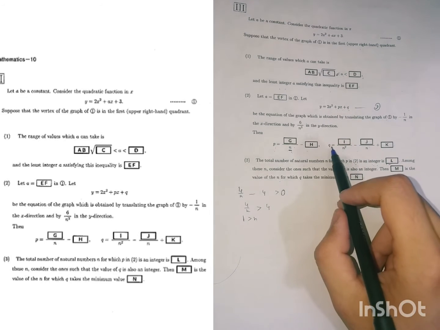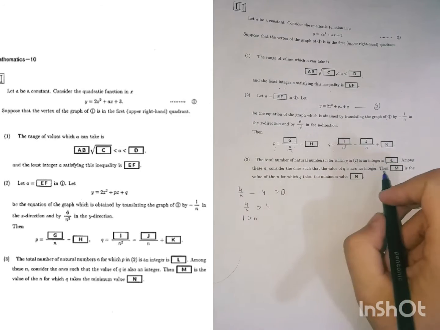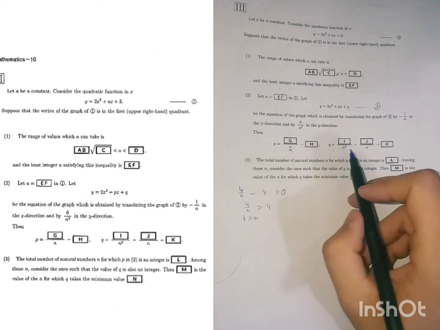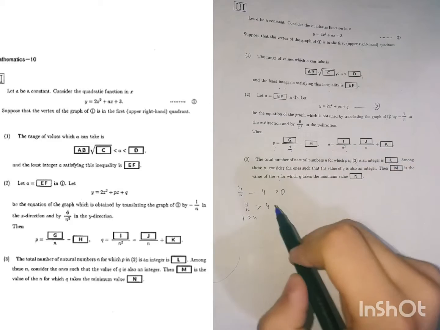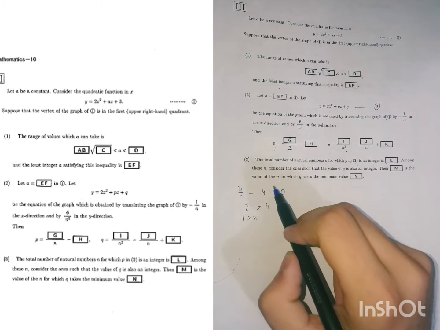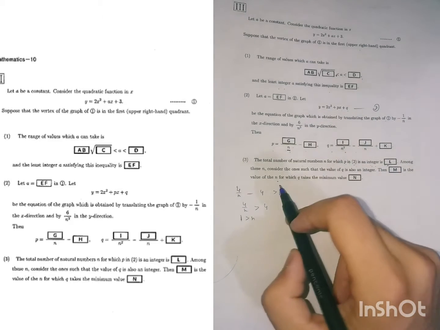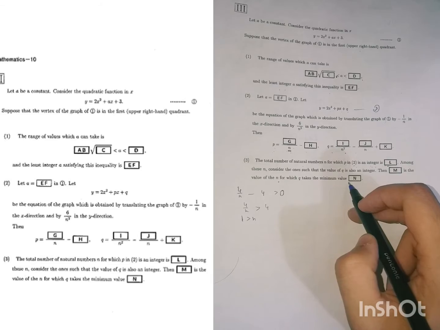So for getting q an integer, we'll put those natural numbers inside q. Then m is the value of n for which q takes the minimum value. So let's begin the question.